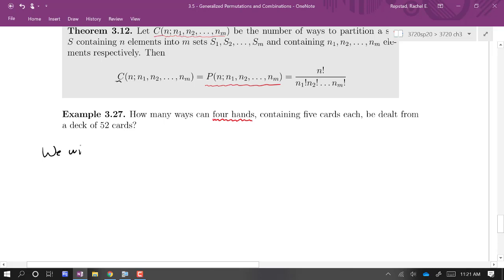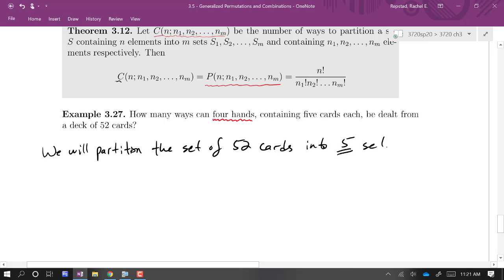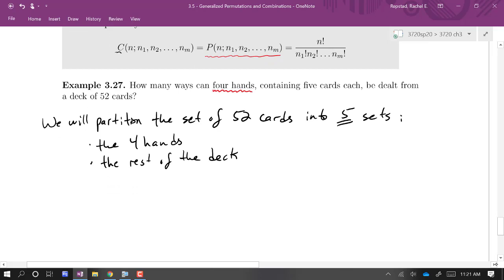So we will partition the set of 52 cards into 5 sets. Those 5 sets are the 4 hands, and then the rest of the deck, the cards that don't end up in any hand. So let's pick the 5 cards that end up in the first hand.